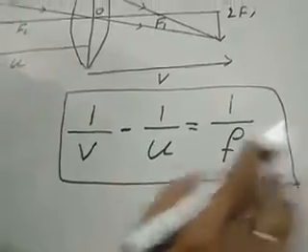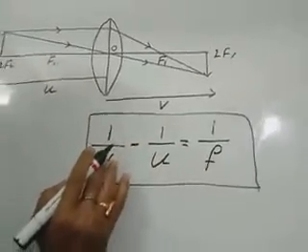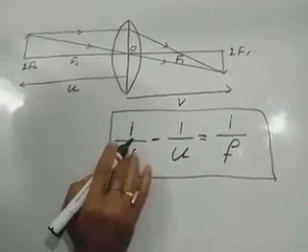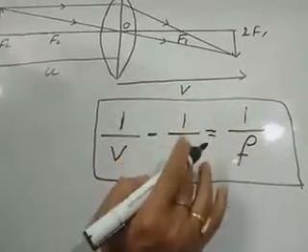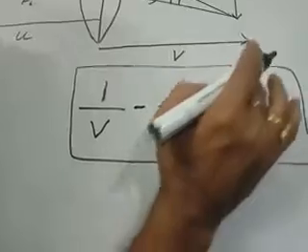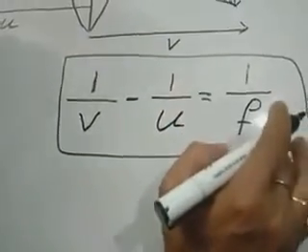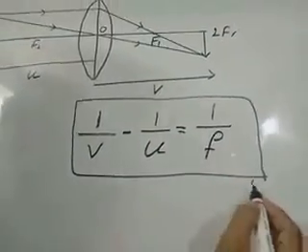Mathematically it can be expressed as 1 by V, the reciprocal of the image distance, minus 1 by U, the reciprocal of the object distance, is equal to 1 by F, the reciprocal of the focal length. This is the lens formula.